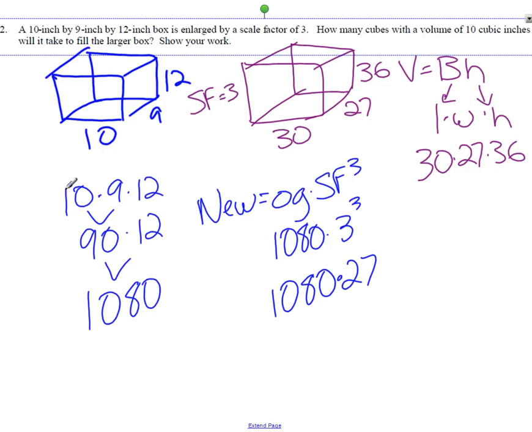So now, whichever one you chose, you work out, should give you the same thing. And if anything, I'm willing to bet you that 30 times 36 equals 1080. Okay. Very cool.